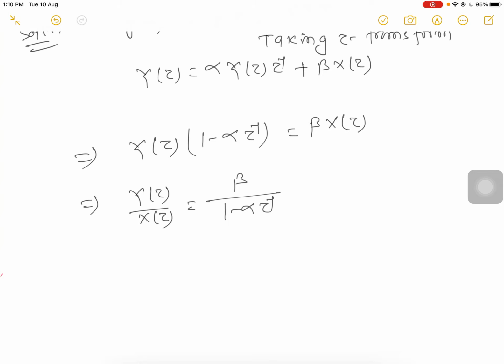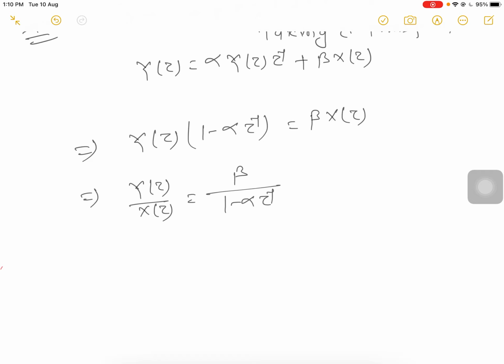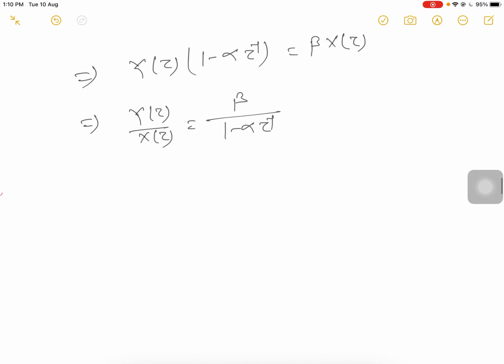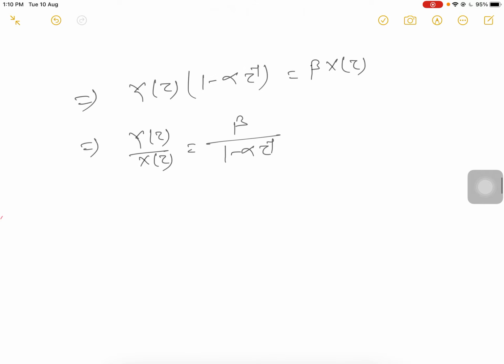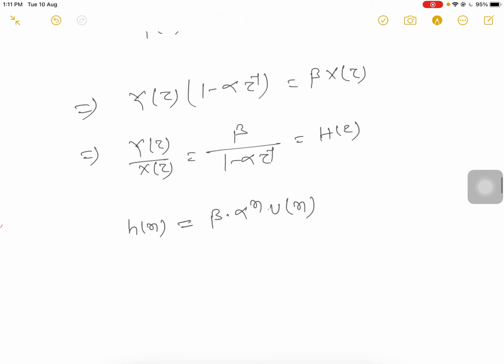So H(z) is the Z transform of the impulse response. When X(z) is an impulse, then when you take the inverse, h(n) will be beta alpha to the power n u(n).